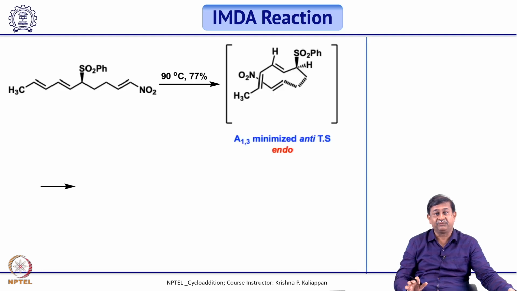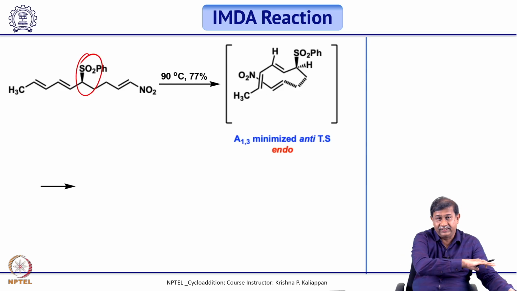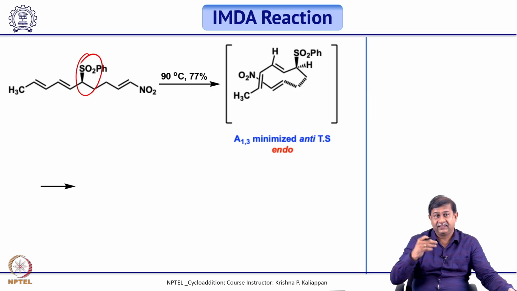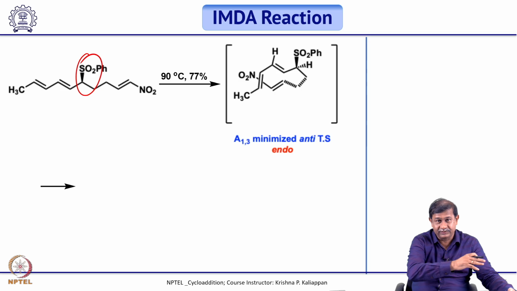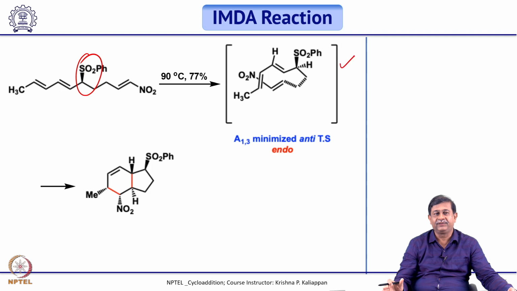Okay. So, this transition state is important, and sometimes the substituents on the diene or dienophile can significantly influence the outcome of the intramolecular Diels-Alder. Likewise, now the substituent, that is sulfone, is closer to the diene. The earlier case, the OBn was closer to the dienophile. Now it is closer to the diene. Again, you have to draw the conformation in such a way that allylic 1,3 strain is minimum, then this will lead to again the trans isomer.